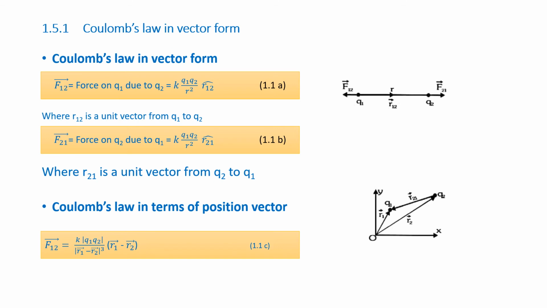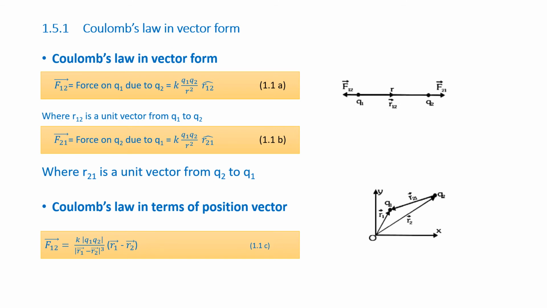Whereas in many cases, the distances are given from the origin as shown in figure 2. Here, the charge Q1 is located at a distance r1 from the origin, and Q2 is located at a distance r2 from the origin as shown in the figure.